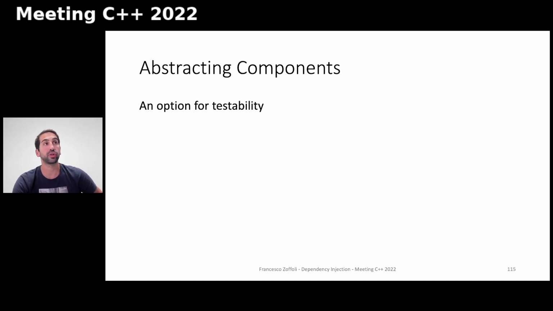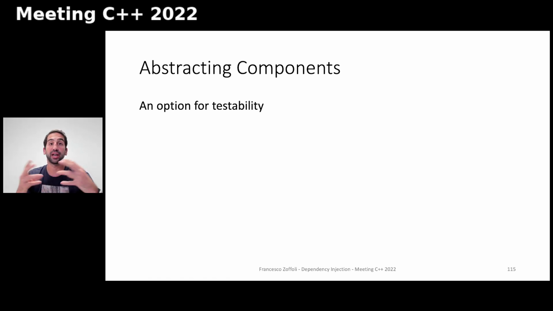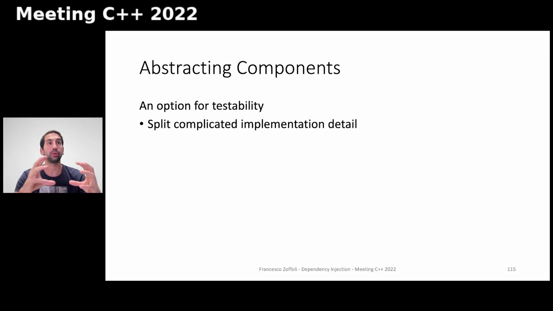This is a great option for testability as well, because, for example, everyone has probably seen a class where there are private methods which are actually made public because they are isolated and complicated and people wanted to test that method specifically. What this gives the option to do is to split out this part of the implementation detail into its own interface and implementation, put into, let's say, a private namespace.